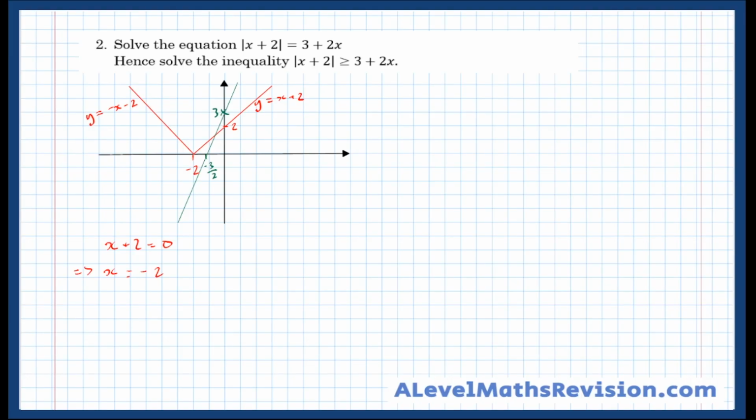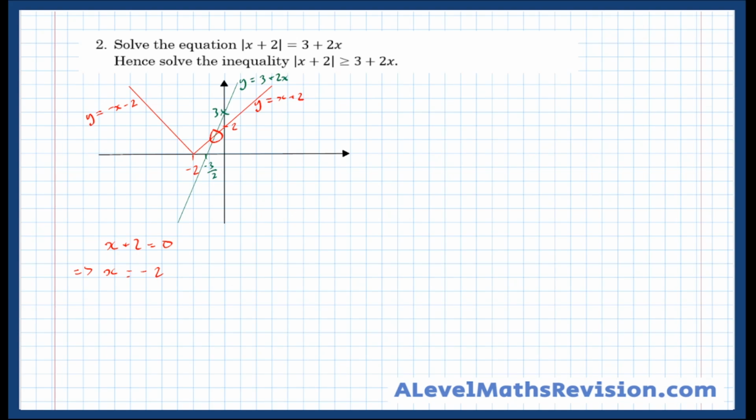So minus x minus 2 is that graph. And this graph here is the graph of y equals 3 plus 2x. So there's only one intercept. There it is there. If you use the squaring both sides method, you'll get 2 solutions, by the way, one of which is incorrect.